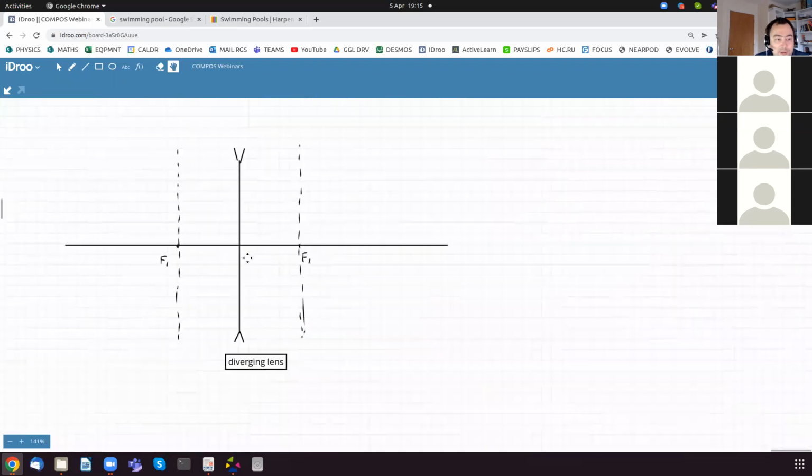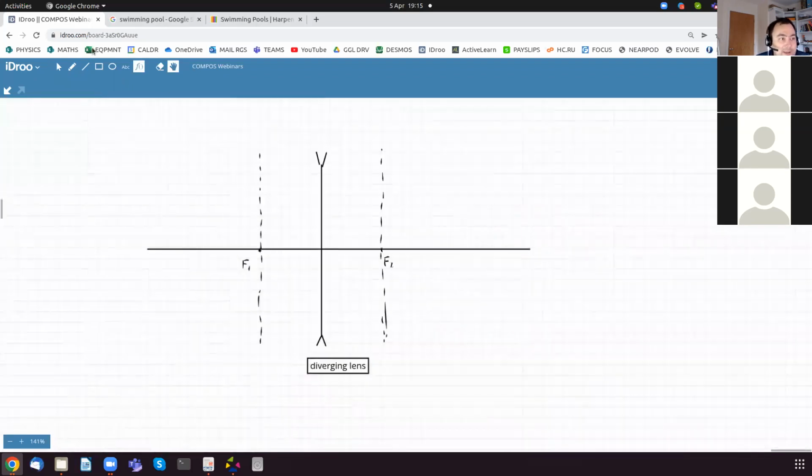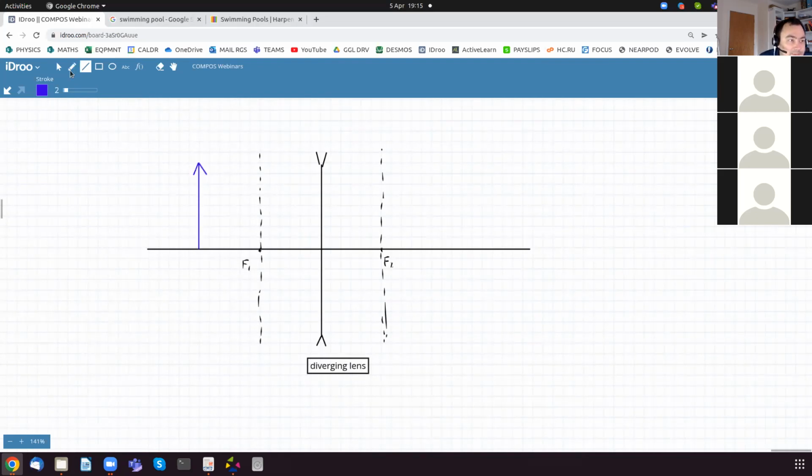If you have a diverging lens, it's slightly different. So this is the object. There are three rays as well.